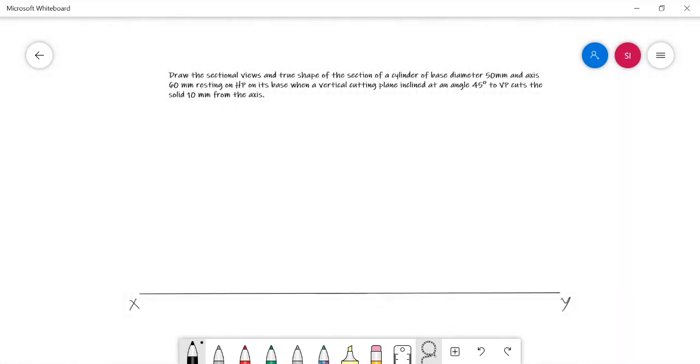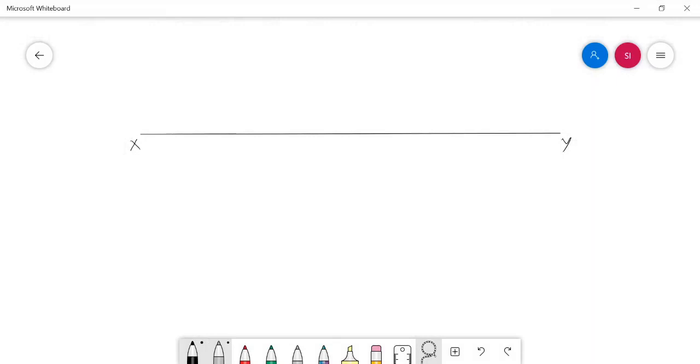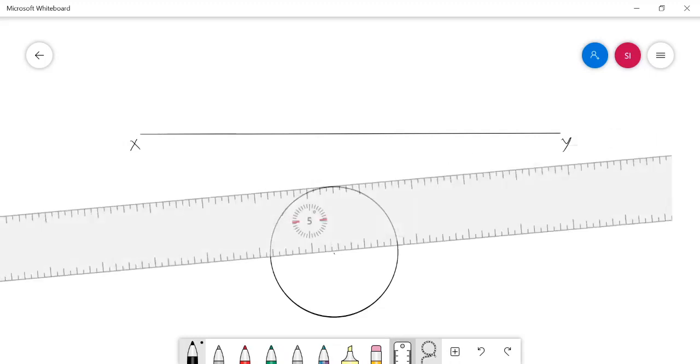And the object is a cylinder. Now I am drawing a circular base, and as usual I have to split it into 8 equal parts.